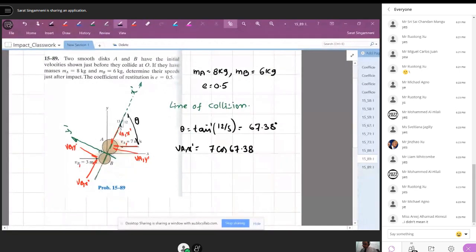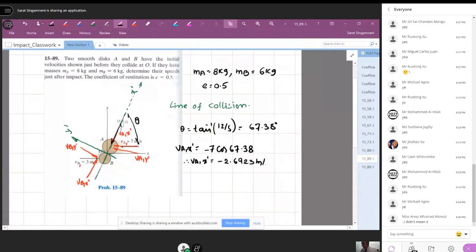But because it is acting towards the negative x dash, I will put that as negative. Therefore, VA1 x dash is equal to minus 2.6923 meter per second.